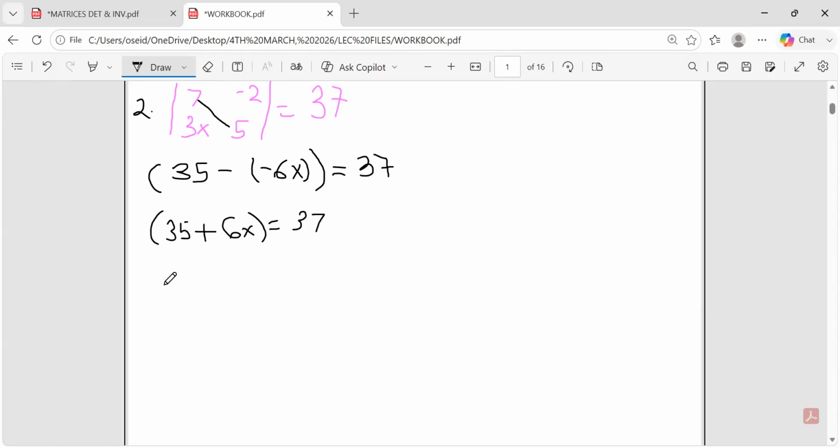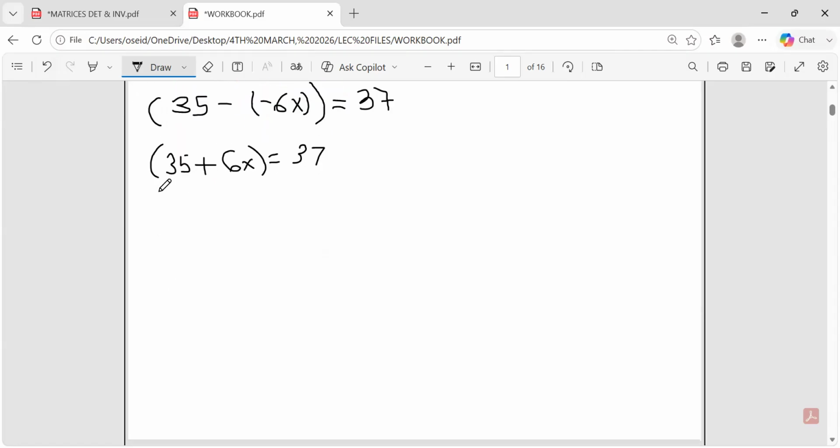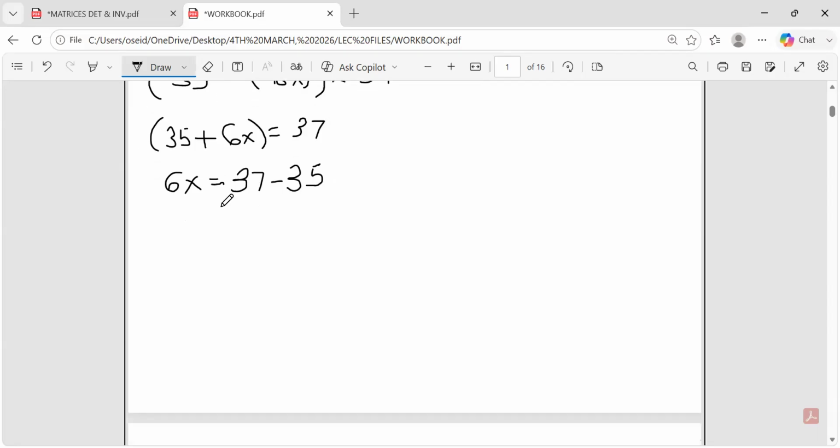So from here we group like terms. We are going to get 6x equal to 37 minus 35, because 35 over here is positive. So when it crosses the equal sign, it becomes negative.